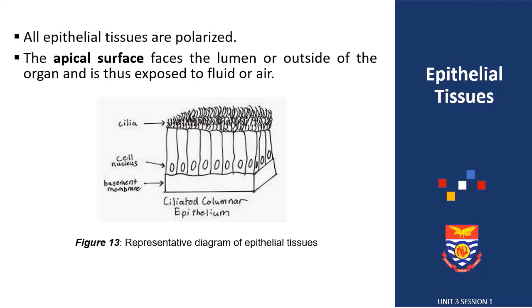That gives a representative diagram of epithelial tissue found in the small intestine. So these tissues are covered with specialized projections that help to increase the surface area available for absorption of nutrients. The other opposite side is the basal surface.